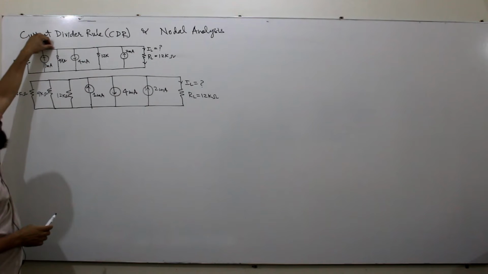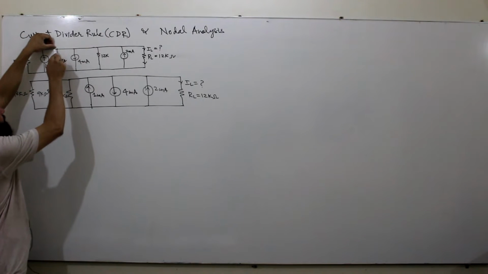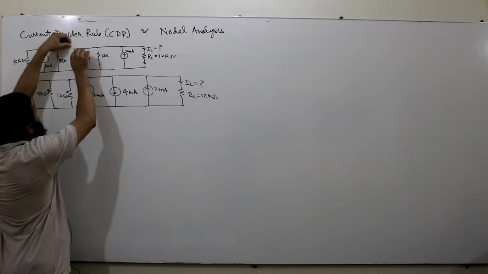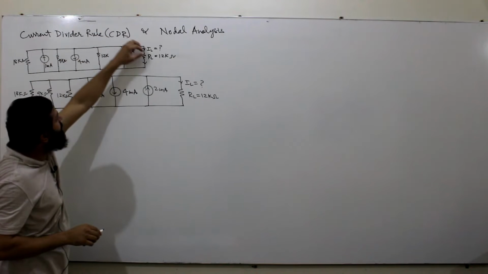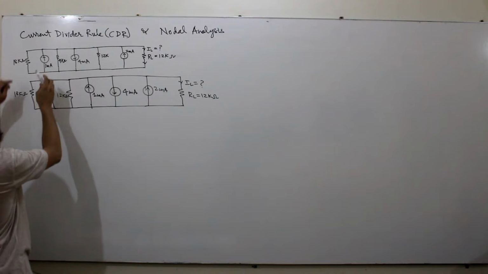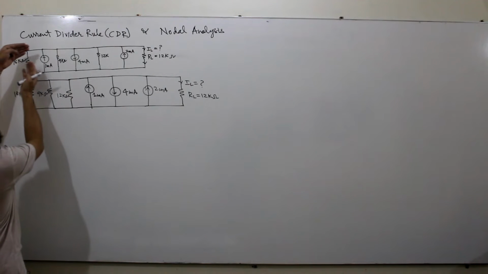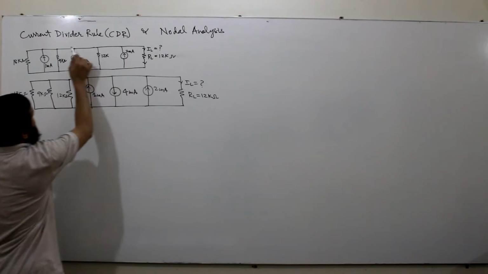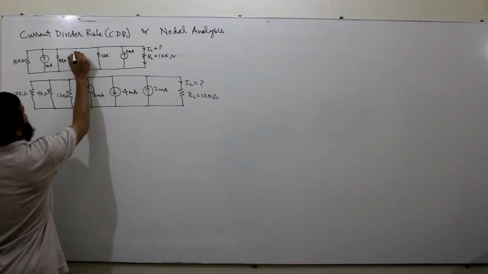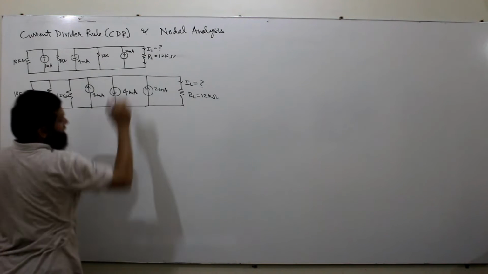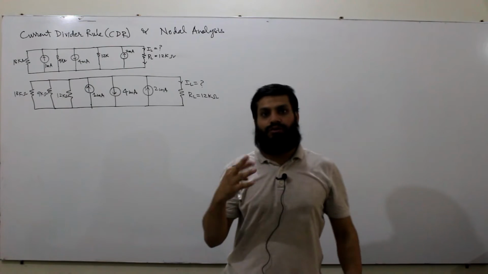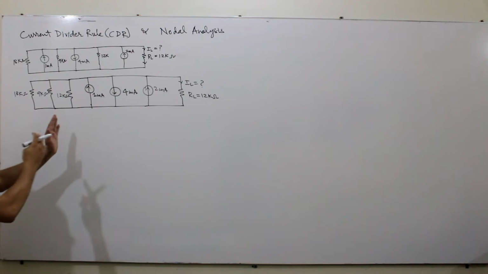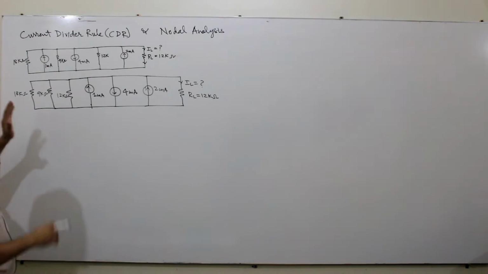Then further you move, and this is another point where the current is being divided, and you keep on moving to this point. If you pick it up from here and bring it here, all of this remains a single same node. So all of this makes up a single node, and there is no second node appearing over there. That's why we can simply take them forward or backward as per our need.